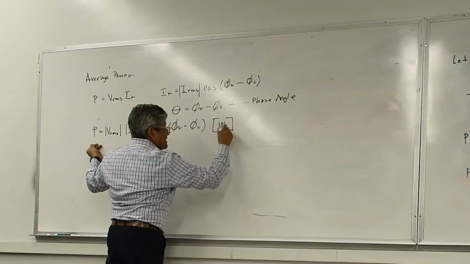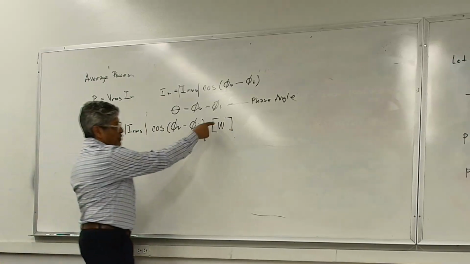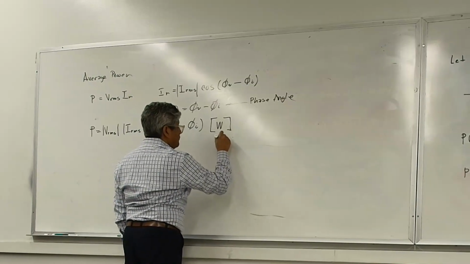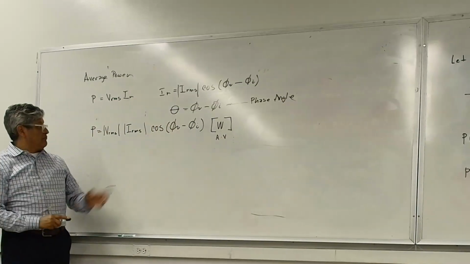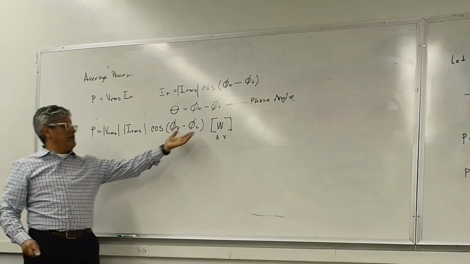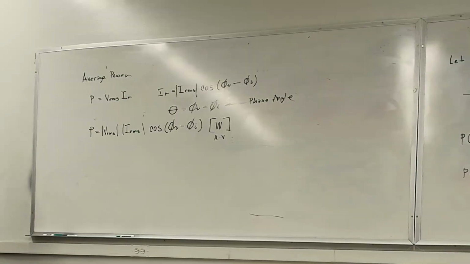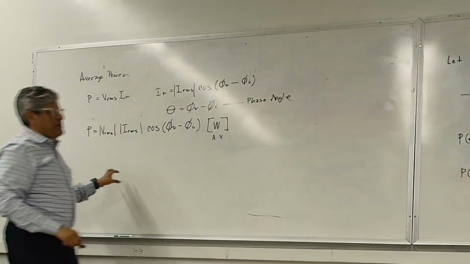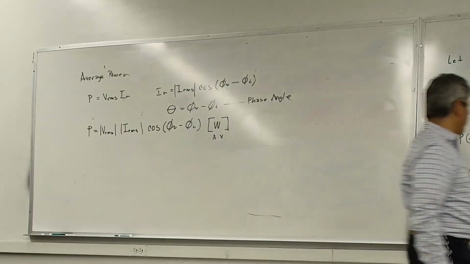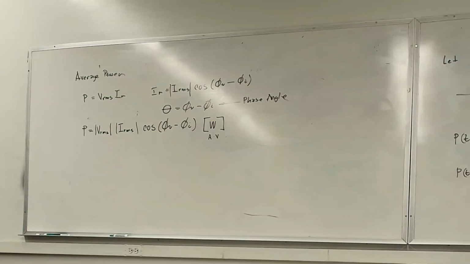But if you look at the units of that equation, we call it watts, but it's still amps times volts. Amps times volts, this is constant. But we happen to call that watts. So if you go here, it's really out of this equation right here, VRMS, IRMS, and the cosine is that shift that we were talking about for the purely resistive load.